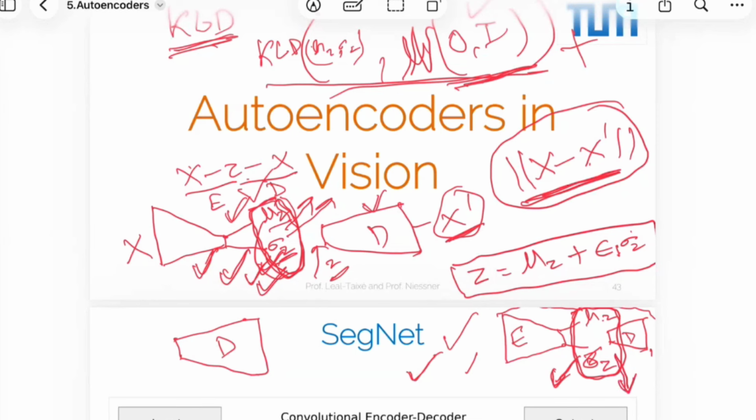Can I say this will also follow the Gaussian distribution? No, your focus was to make this distribution. This is the distribution that you are getting, mu and sigma, and then you applied the loss function over this.